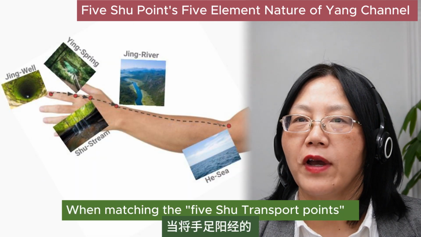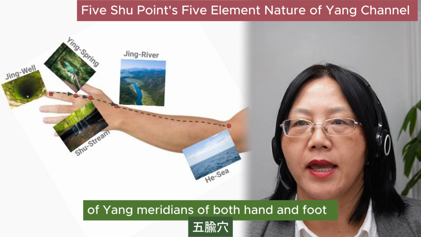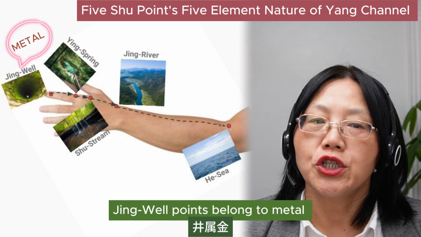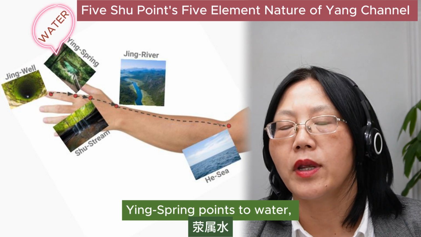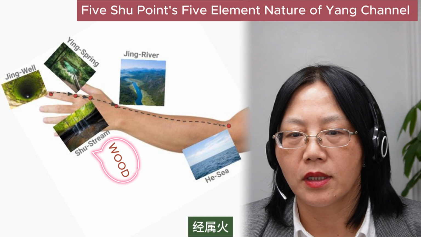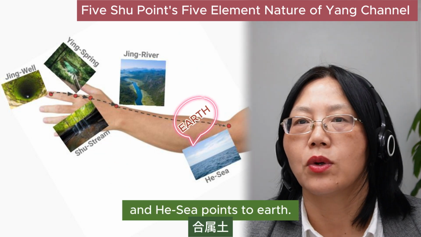When matching the 5 Shu transport points of yang meridians of both the hand and the foot to the 5-element natures, Jing-Well points belong to metal, Yin-Spring points to water, Shu-Stream points to wood, Jing-River points to fire, and He-Sea points to earth.